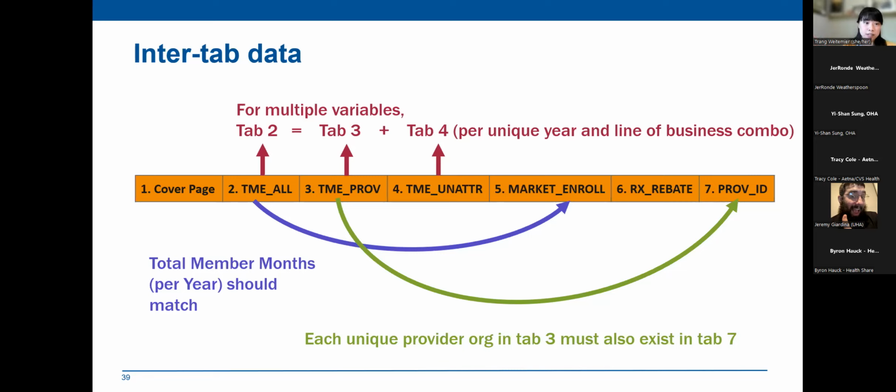You can see here also member months from TME All should nest into the member months that you report in the market enrollment category. And looking at that green text, you can see how tab 3 and tab 7 are related. Each unique provider entity in tab 3 must also exist in tab 7.